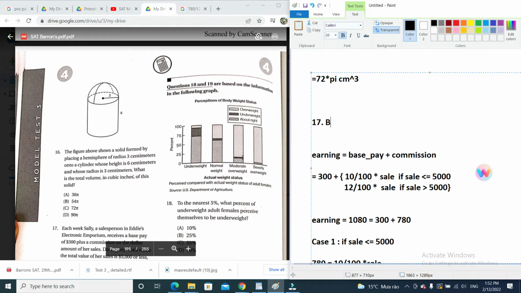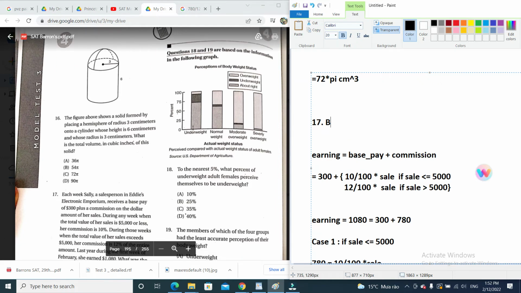For example, for the underweight people, there are people who think they are underweight, and there are some people who think they weigh a little bit less than that, and there are people who think they are a little bit heavier than that, which is overweight. That is the perception, and the perception is written in the box.